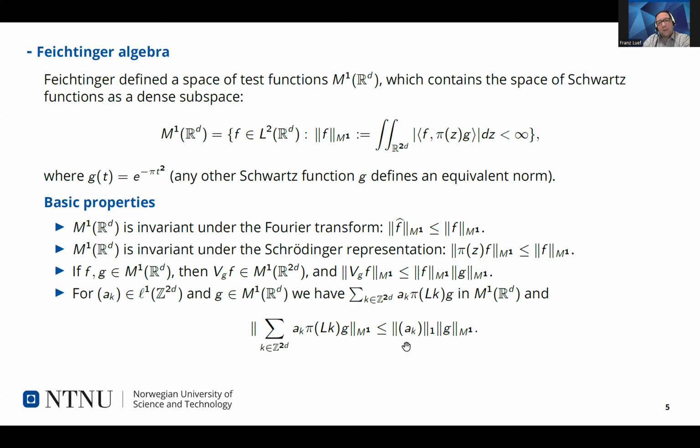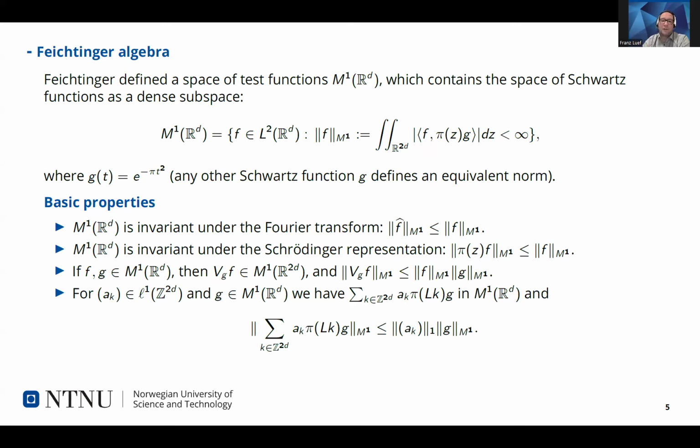The M1 norm of this linear combination is bounded by the L1 norm of the sequence a and the M1 norm of g. And there are many other properties: you can do periodization, you can restrict to subgroups, so practically all the things that you want to do in harmonic analysis are fine. You can also do Poisson summation without thinking.